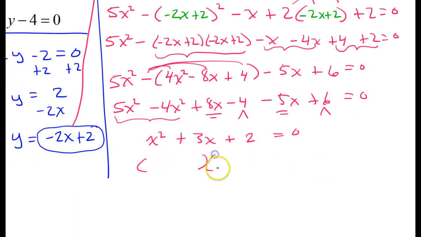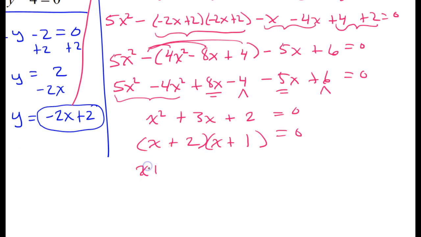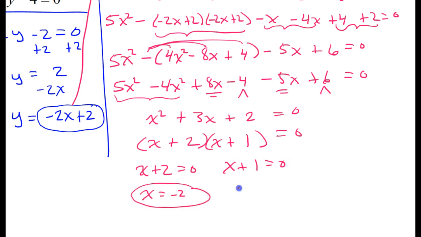This looks factorable. X squared is x times x, 2 is 2 times 1. If I just leave everything positive, that'll make 3x. Setting these equal to 0, I get x equals negative 2 and x equals negative 1.